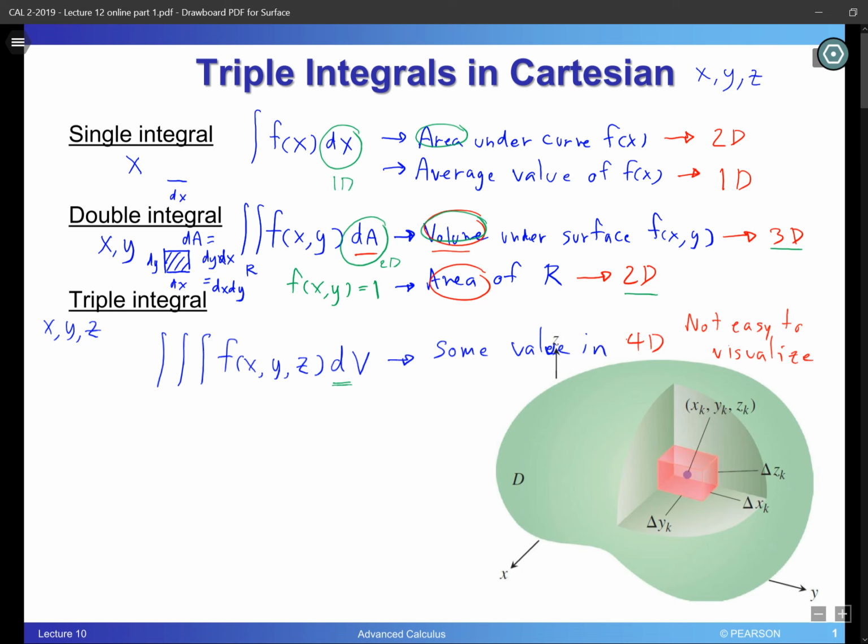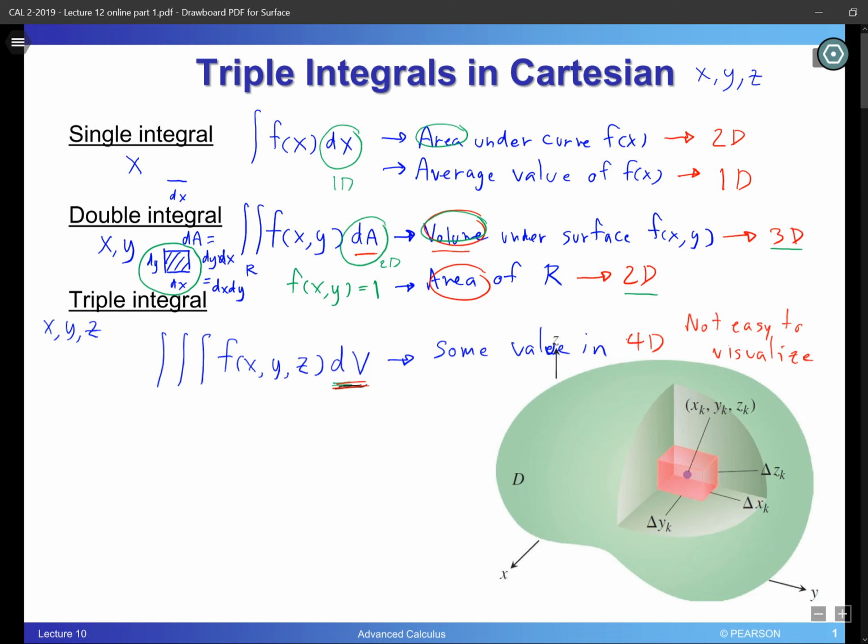Okay, all right, and let's take a look at dV here. Some of you might ask, what is dV? So let's compare to this dA that we have here. This dA, we have dx and dy, and you can expect to have dz in this dV, right?